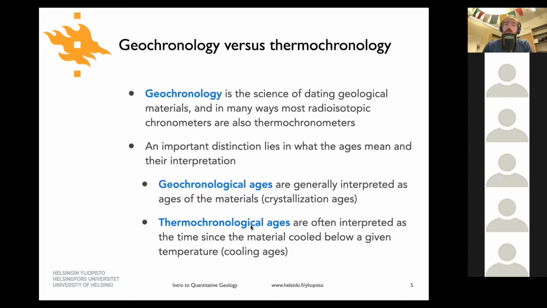That very quick cooling means that the geochronological and thermochronological ages might be very similar. But the key thing with thermochronology is that we're dating the time since a given temperature in the Earth. And so these are sometimes also referred to as a cooling age.